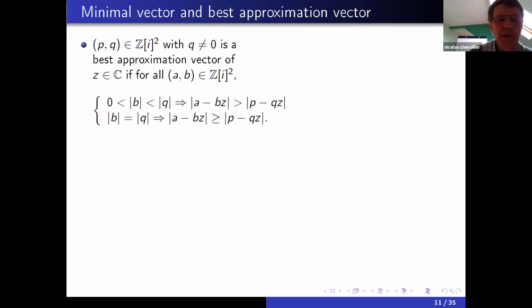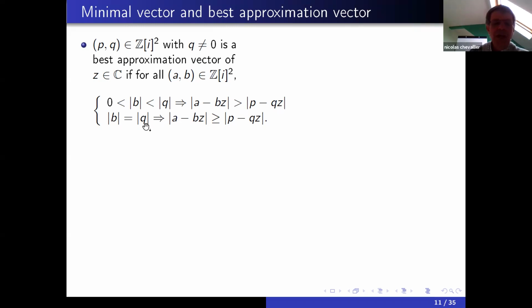Now if you have a complex number z in C, you say that a pair of Gaussian integers PQ is the best approximation vector of z if Q is not 0, and if for all pairs AB of Gaussian integers, if the modulus of B is between 0 and the modulus of Q, then the approximation given by the pair AB must be less good than the approximation given by PQ, with a strict inequality here.